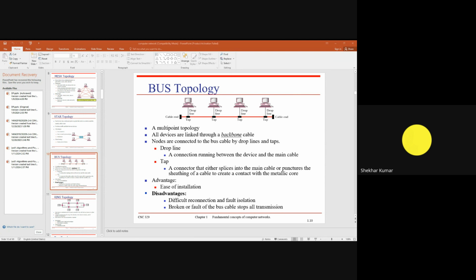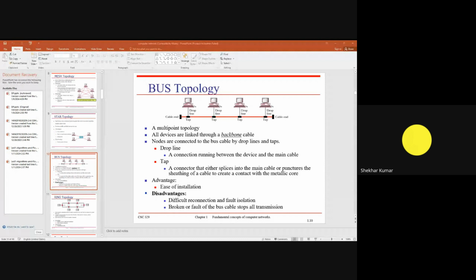And in the bus topology, it is very easy to expand, just by joining two cables together, joining a cable at one end and expanding it. So the bus topology is also very easy to understand.